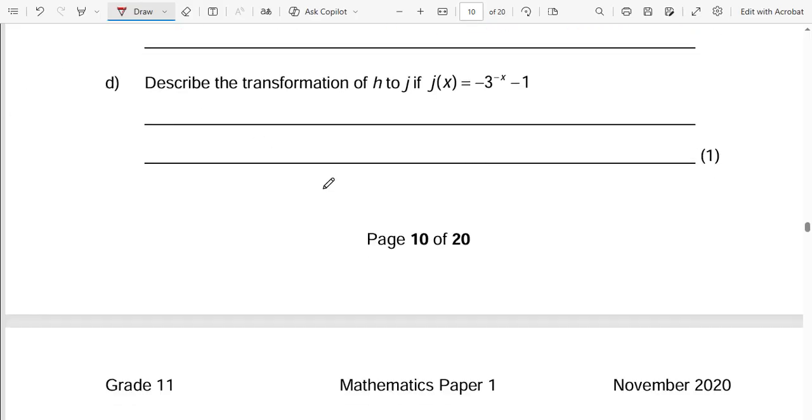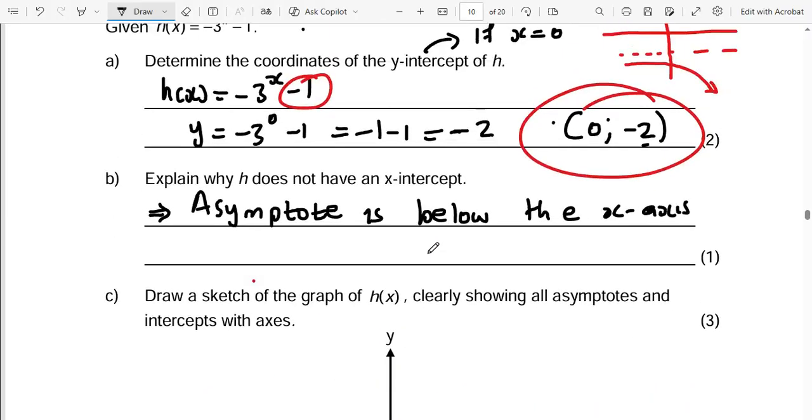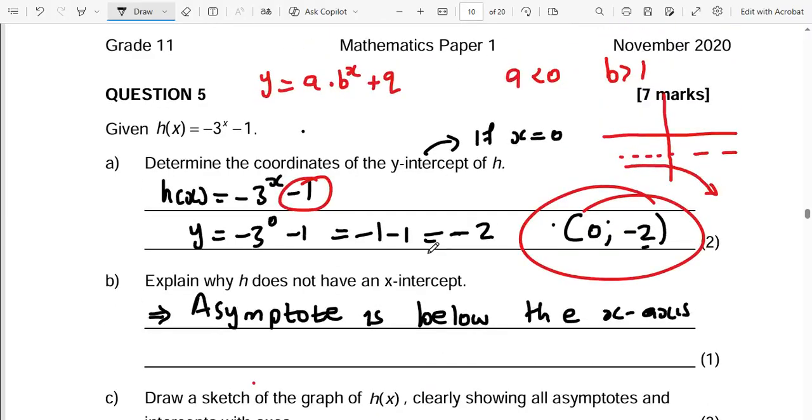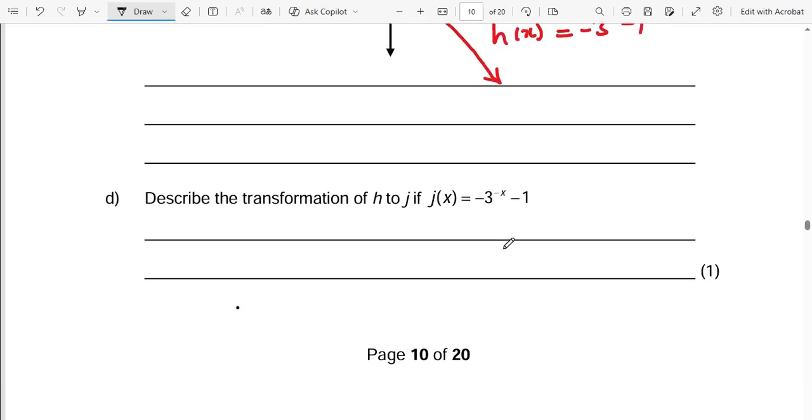Okay, describe the transformation. When they want you to describe the transformation, you just have to look at what changes from the previous question. The previous graph is minus 3 to the power x minus 1. This one is minus 3 to the power minus x. So the x is the one that changes sign.